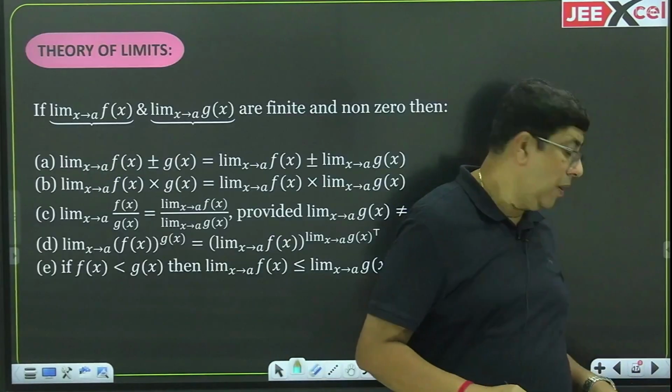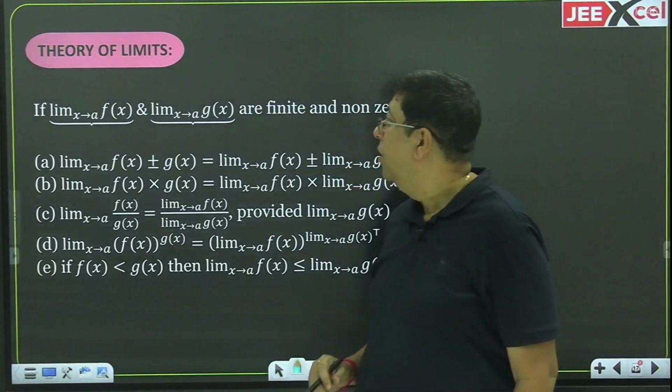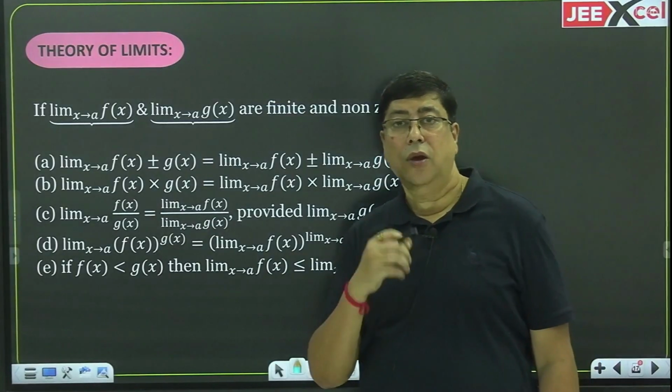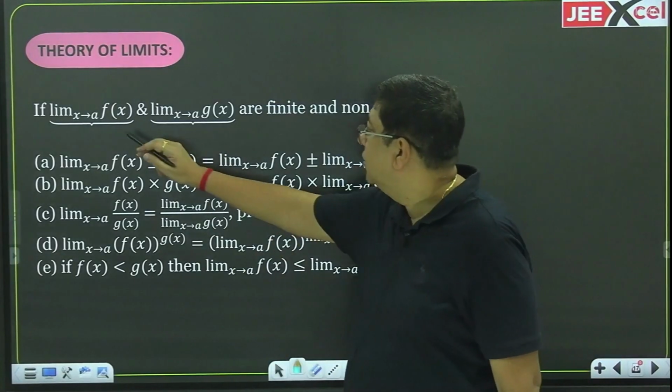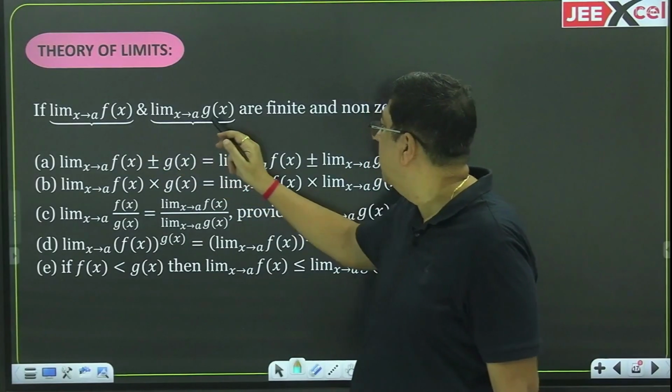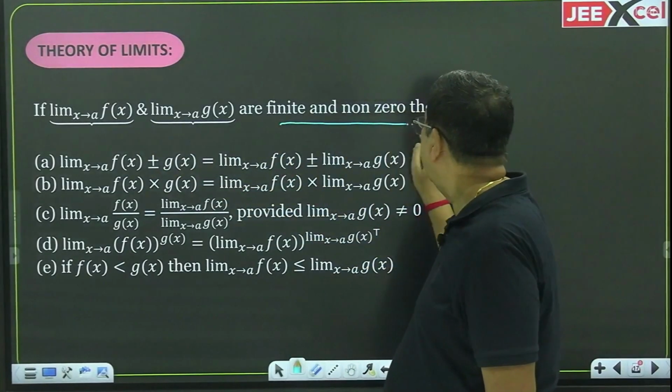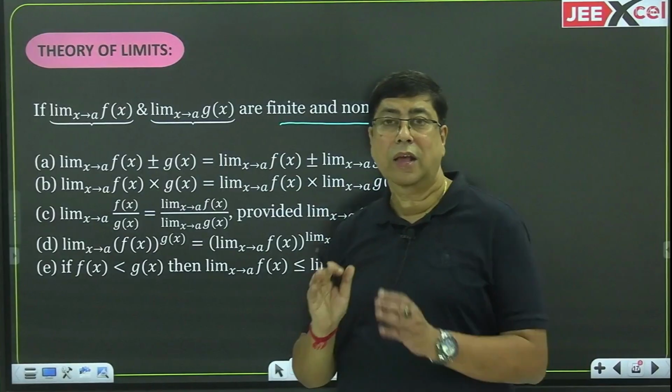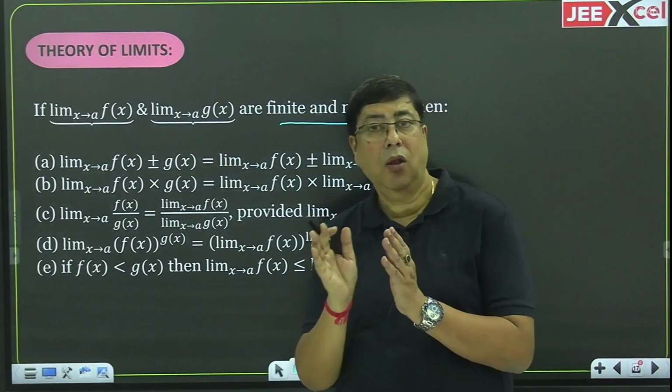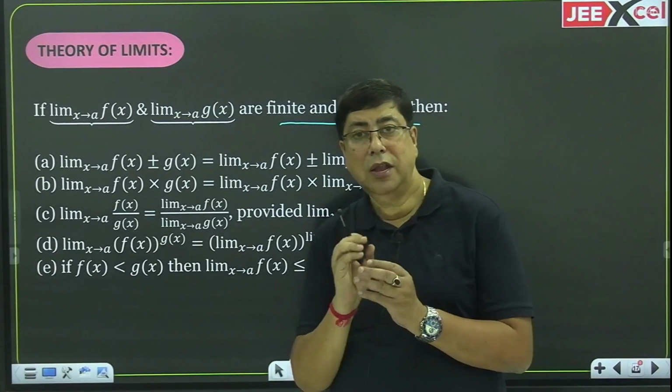I think the concept is becoming clear, everyone. And there is some theory of limits: limit x tends to a of f(x) and limit x tends to a of g(x) are defined and non-zero. What does defined mean? It means right hand and left hand limits are already checked.